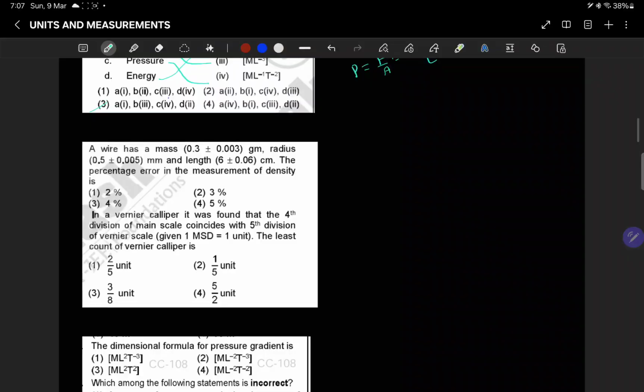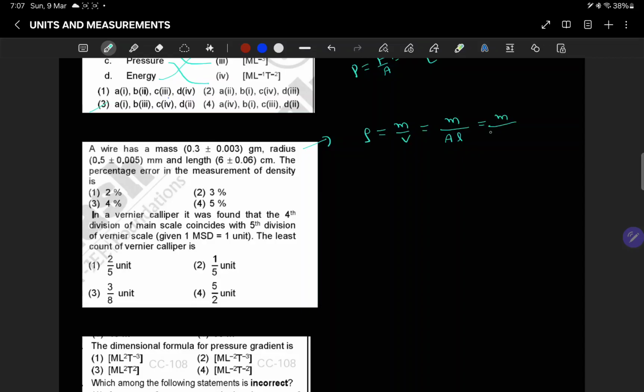Now a wire of mass, that means this question is a calculation related question. A wire has mass given, radius given, length given, percentage error of measurement of density. Density equal to mass by volume. But here radius and length are given. So mass is m, volume is nothing but area of cross section into length.